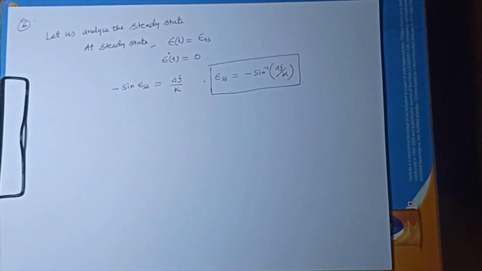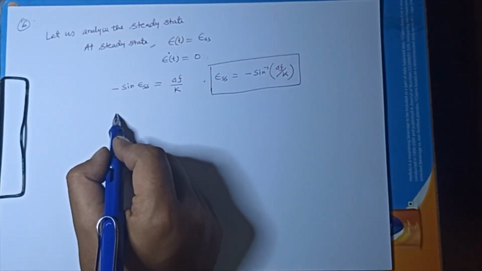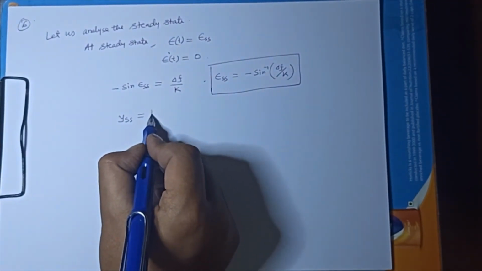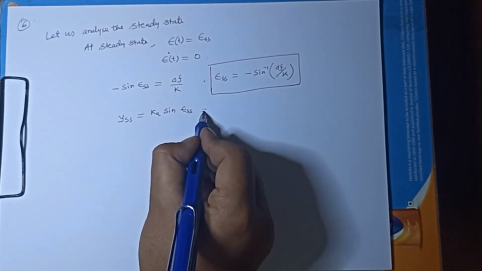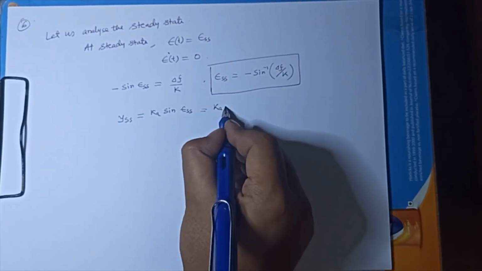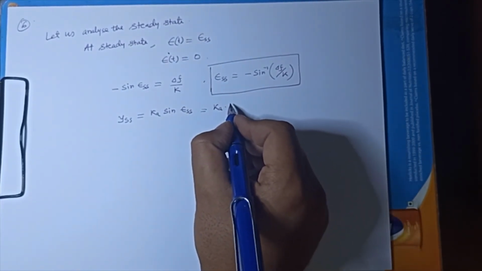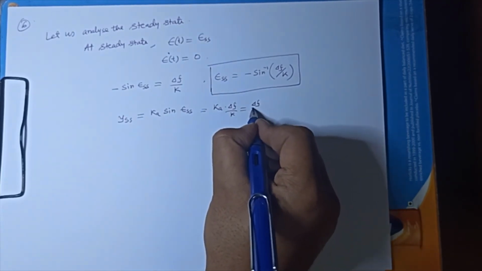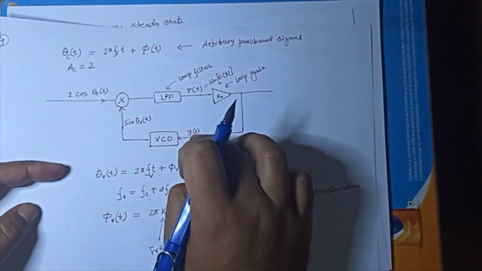So yss will definitely be Ka into sine of epsilon ss, which is equal to Ka into delta f by K, or I can write delta f by Kv. That is what yss will be, the steady state.